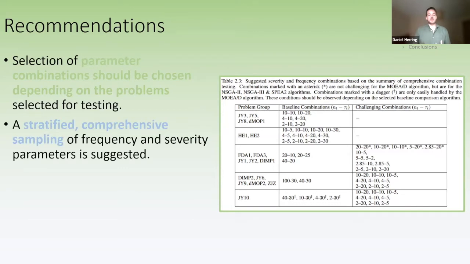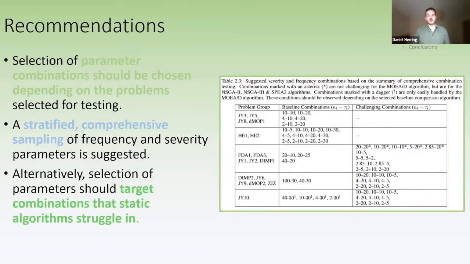When examining the capability of a new algorithm, a comprehensive or stratified approach to selection is encouraged, since the performance coverage of the instance space is variable. Multiple baseline comparison algorithms should also be used. Alternatively, in combination with the baseline performance established here, specific targeting of combinations that the static algorithms cannot handle would be a suitable experimental contribution.